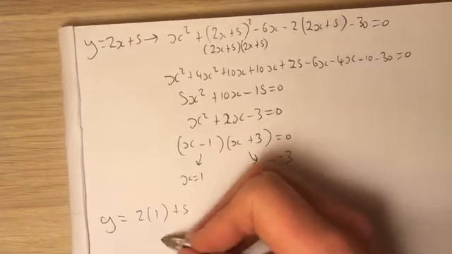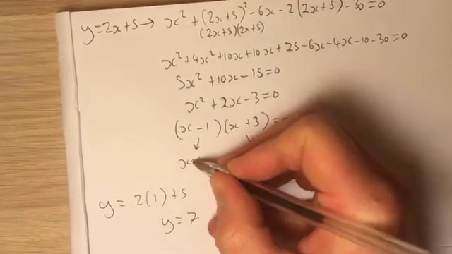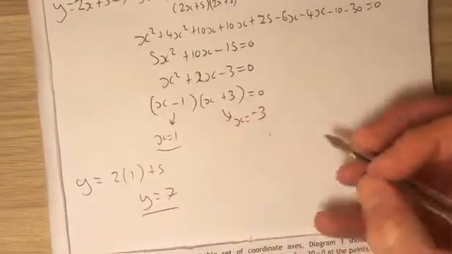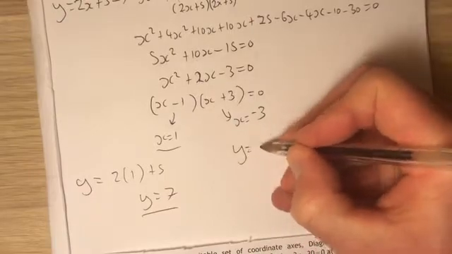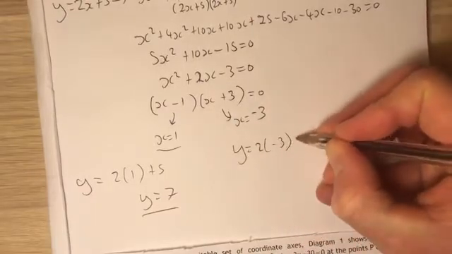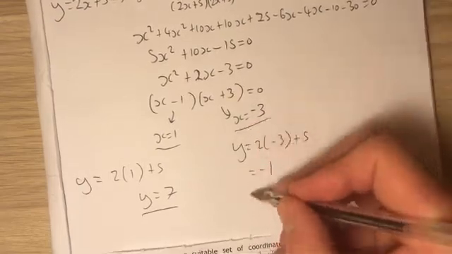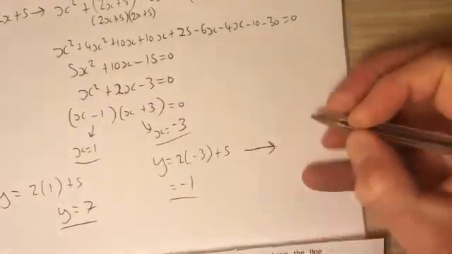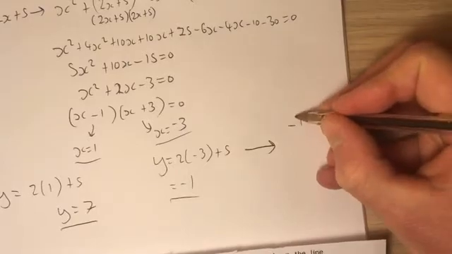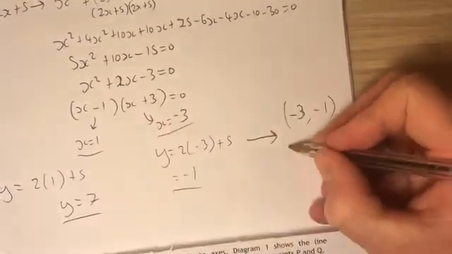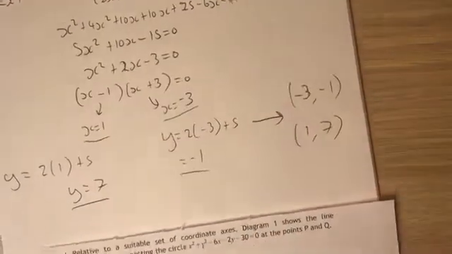What does that give me? y equals 7. So that one and that one give me the coordinate 1, 7. Here, y equals 2 lots of minus 3 plus 5, which I think is negative 1. That one and that one give me the coordinates negative 3 for x, negative 1 for y, or 1 for x and 7 for y.